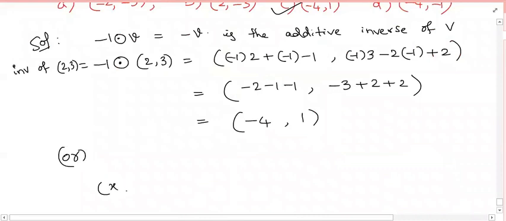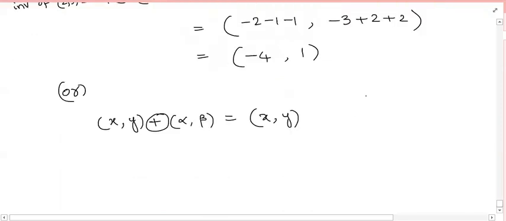How to find the zero vector? x comma y plus alpha comma beta, we need this to be equal to x comma y. Then what is alpha comma beta? We have to find out, right? So alpha comma beta is the additive identity. If we want to find the additive identity, this equation we have to solve.